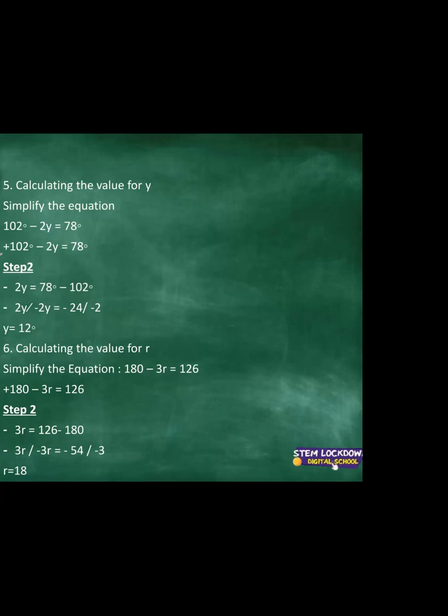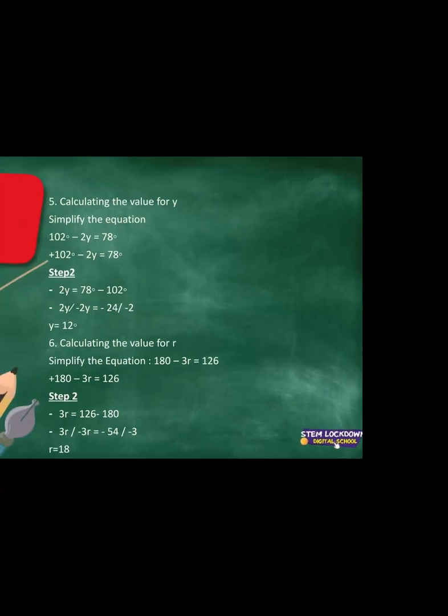It's basically 12 multiplied by 2, and then there's 24, and then we'll say 102 minus 24 equals 78.